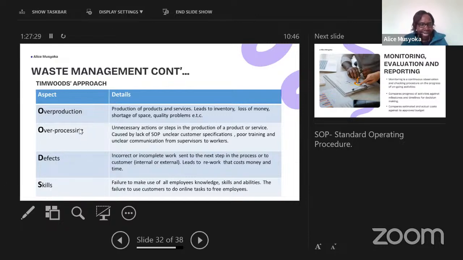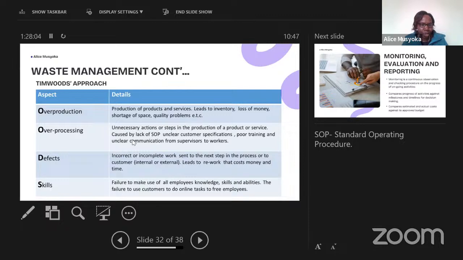Then we have overprocessing. That is unnecessary actions or steps in the production of goods or products or services, which is again caused by SOP. SOP stands for Standard Operating Procedures. Lack of standard operating procedures, unclear customer specifications, poor training and unclear communication from supervisors to workers.